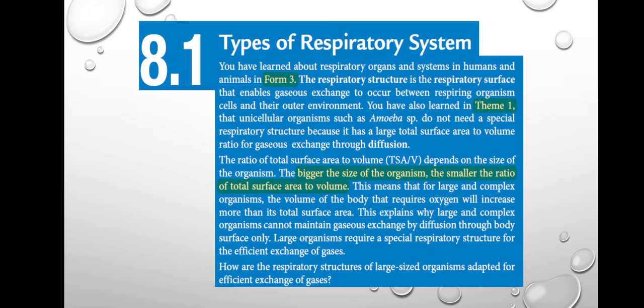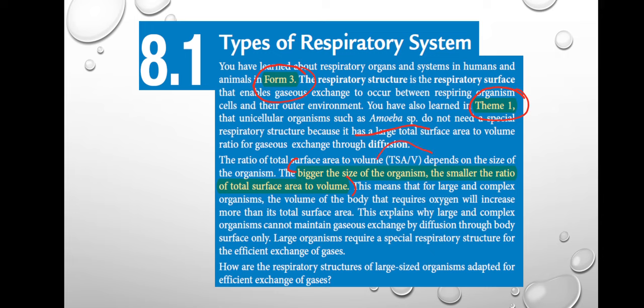Actually throughout your life, throughout your years, especially during form 3, you learned something about gas exchange. And then during theme 1 in form 4 we learned also about amoeba, respiration in amoeba, the single cell. We also talked about how the bigger the size of the organism, the smaller the ratio of the surface area.